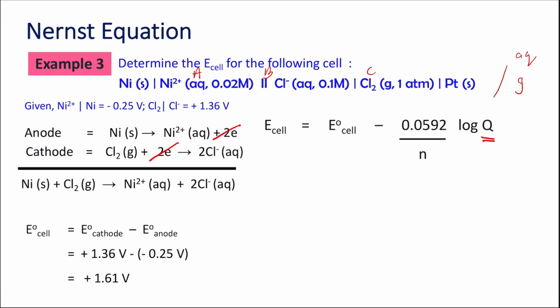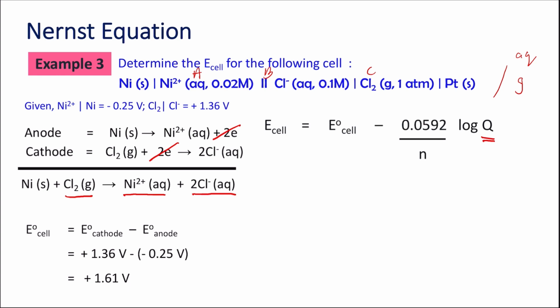Awak tidak akan libatkan phase solid. So macam example yang sebelum ni, saya tak masukkan solid dalam saya punya expression ataupun liquid. Cuma dalam kes ini kita ada dua-dua, Cl2 gas, nickel 2 plus aqueous dan 2Cl minus aqueous. So jangan bimbang, keep it as it is.